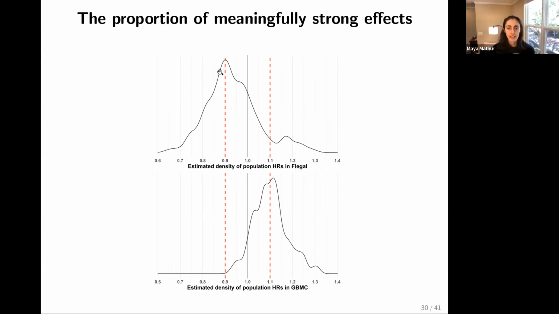And I've marked in red here the two thresholds that we'll be primarily considering as defining meaningfully strong effect sizes. So hazard ratios of less than 0.9 for being meaningfully protective, and hazard ratios of greater than 1.1 for being meaningfully detrimental.